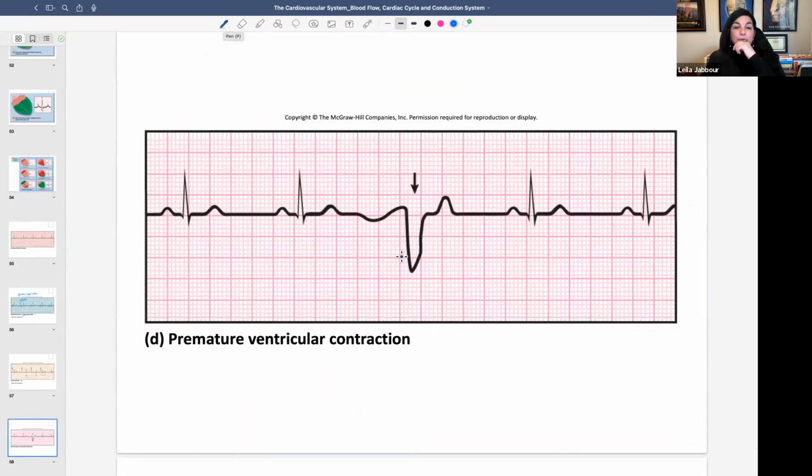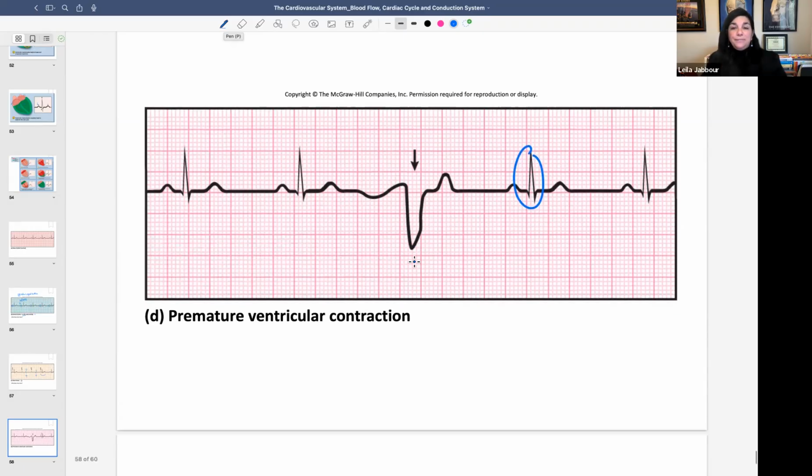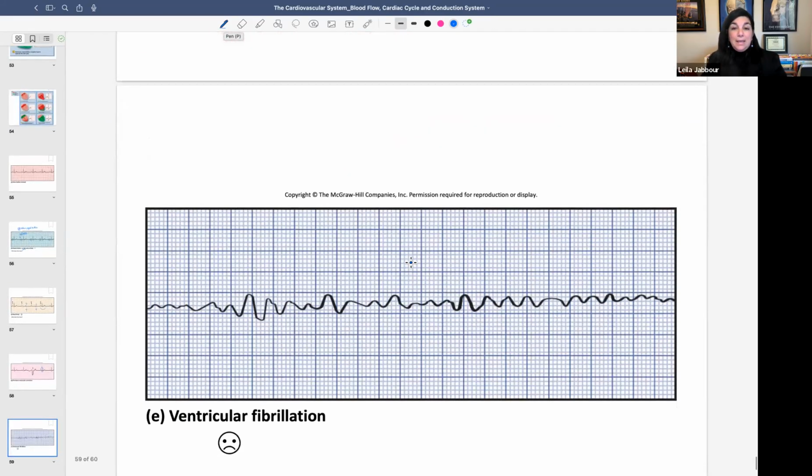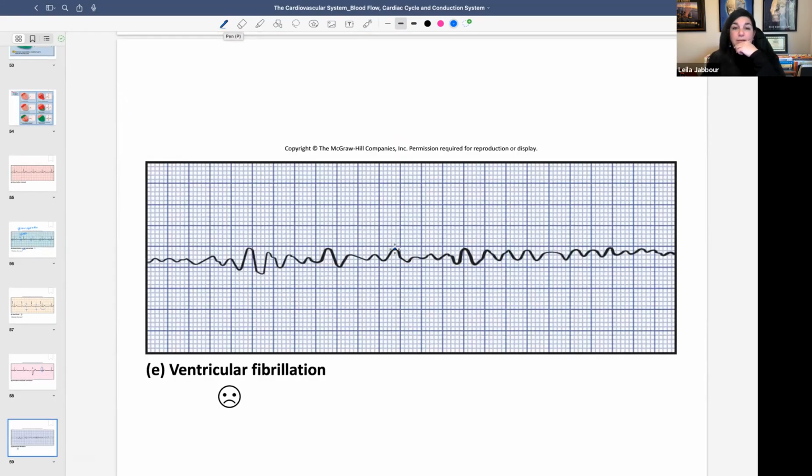This is what a premature ventricular contraction would look like. Basically, the QRS complex would be really off. And something is going on. It's called ventricular fibrillation. There's something going on, but is it enough?